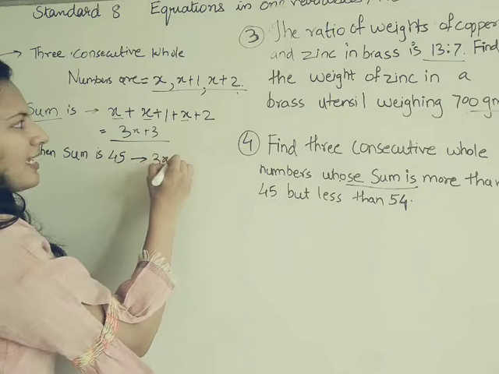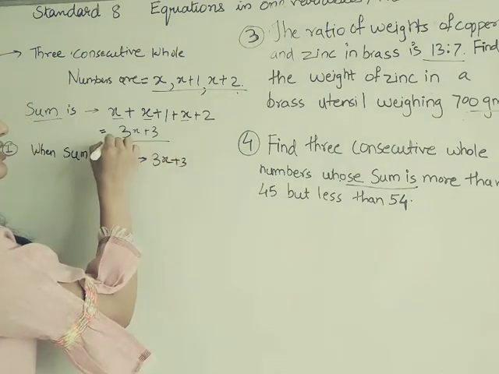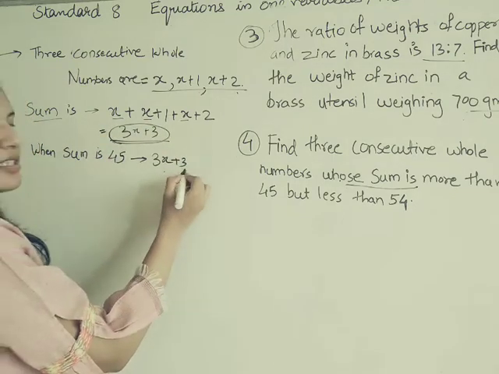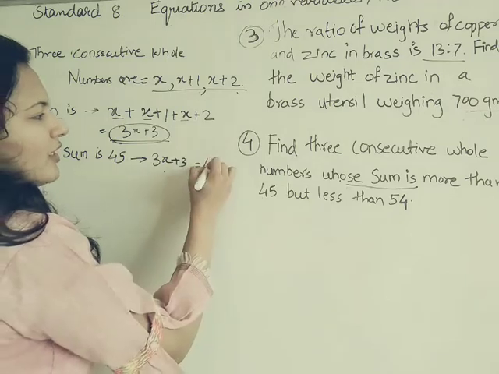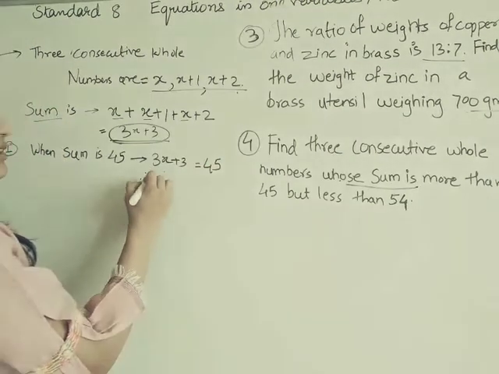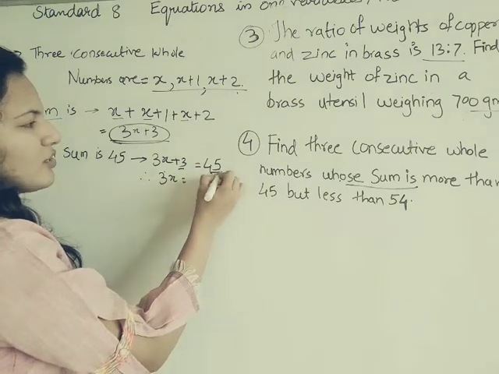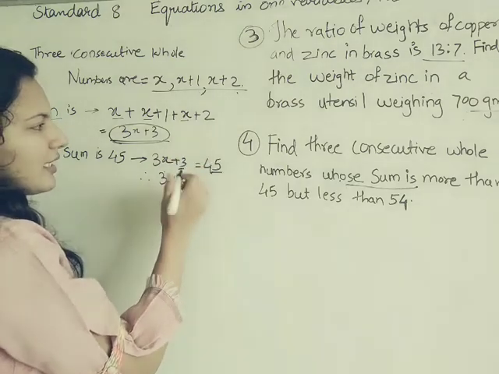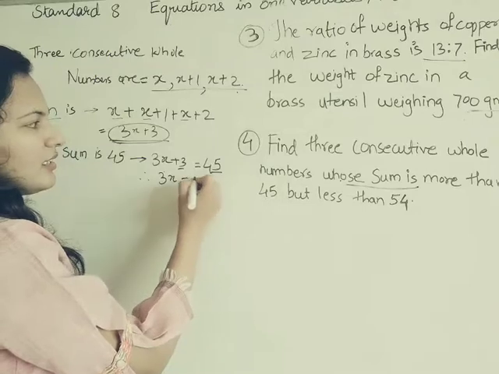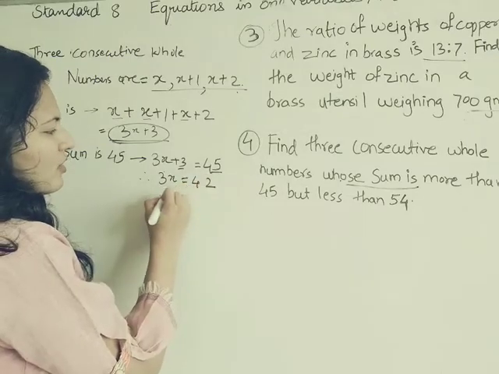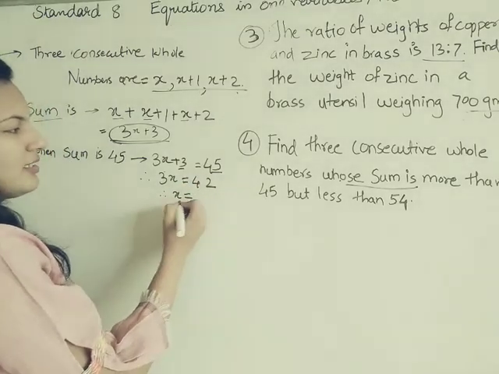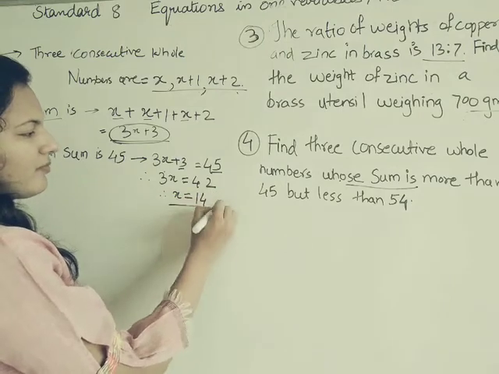It would be 3x plus 3 is equal to 45, because this is the sum. So let's solve this. 3x plus 3, these are constants. So let's shift this 3 to this side. So 45 minus 3 is 42, so we get the value of x, that is 14.